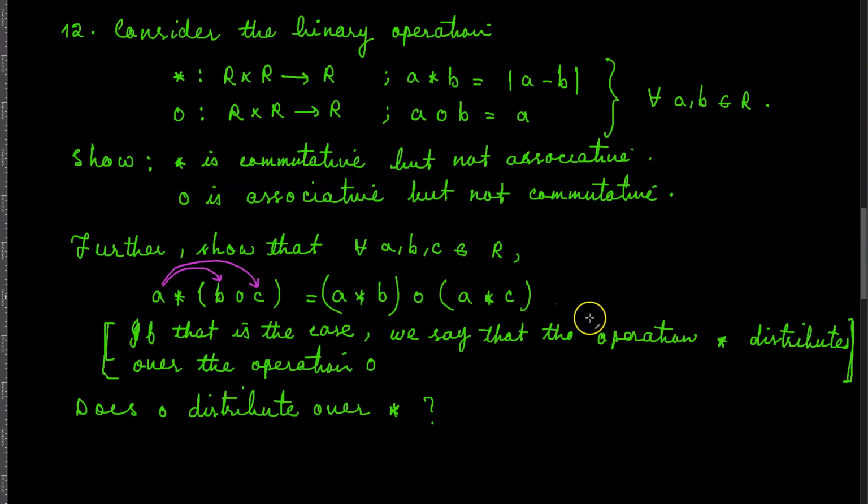You already know that. So first of all, the question is, consider the binary operations. Star is a binary operation on the set of real numbers defined by a star b is equal to the absolute value of a minus b, and O is a binary operation on the set of real numbers defined as a O b is equal to a, for all a and b belonging to R. Now you want to show that star is commutative but not associative.